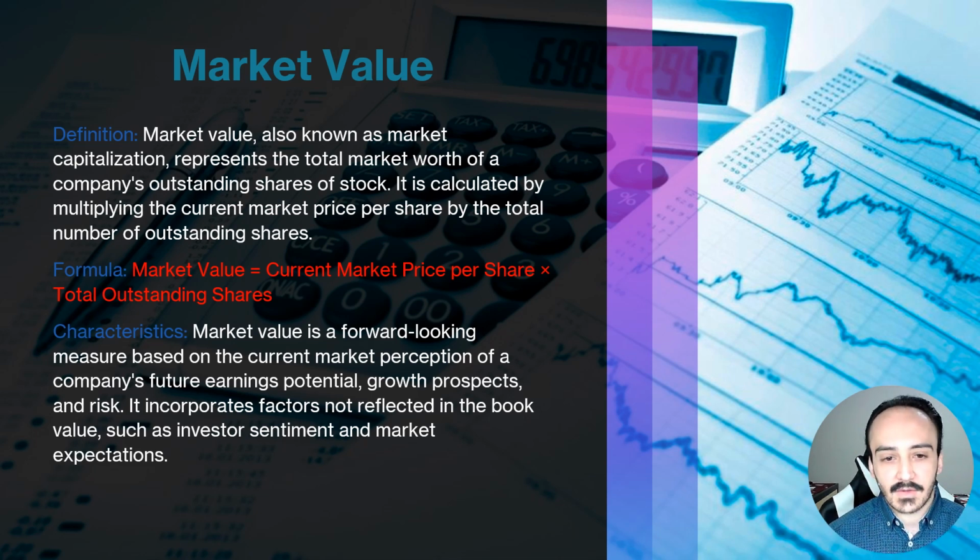Characteristics: market value is a forward-looking measure based on the current market perception of a company's future earning potential, growth prospects, and risk. It incorporates factors not reflected in the book value, such as investor sentiment and market expansion expectations.